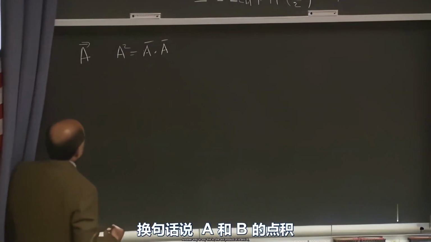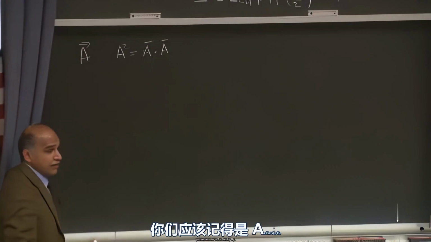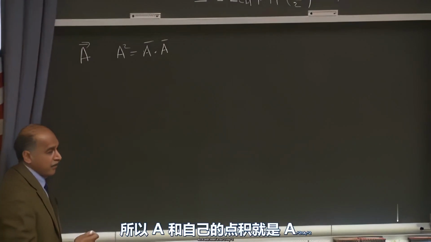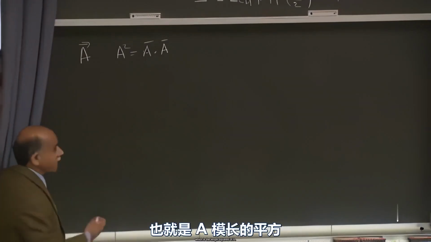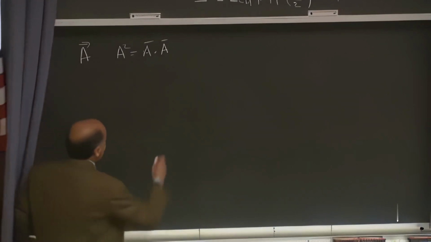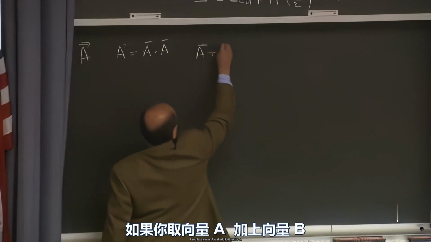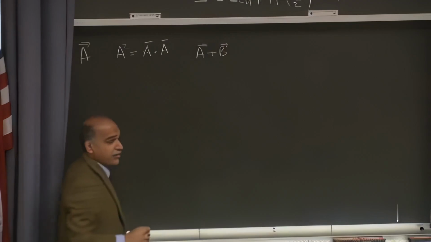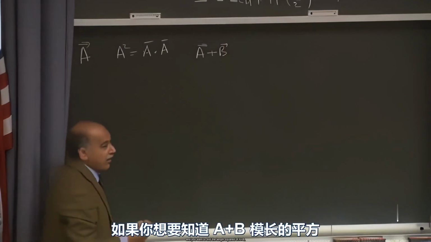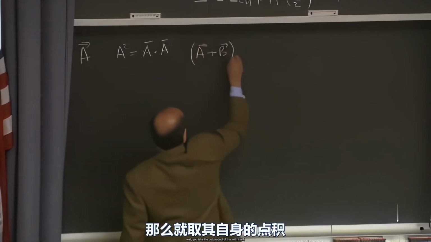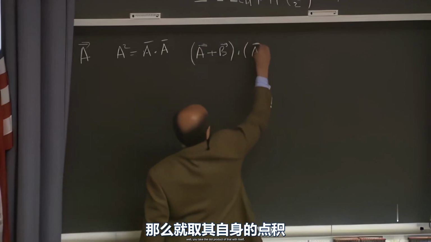Another way to say this is the dot product of A and B. You remember it's AX BX plus AY BY. So A with itself is AX squared plus AY squared, which is the length squared of A. Result I want to use today is if you take a vector A and add to it the vector B, and you want to find the length square of A plus B, well, you take the dot product of that with itself.